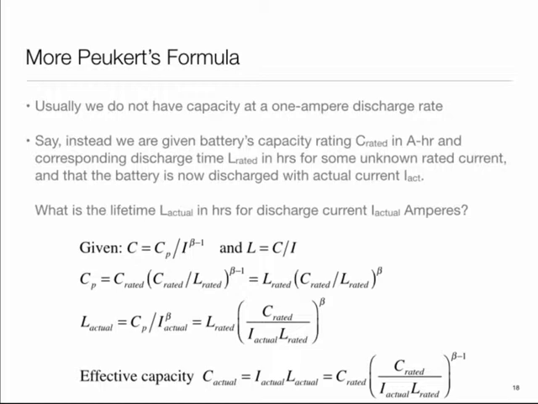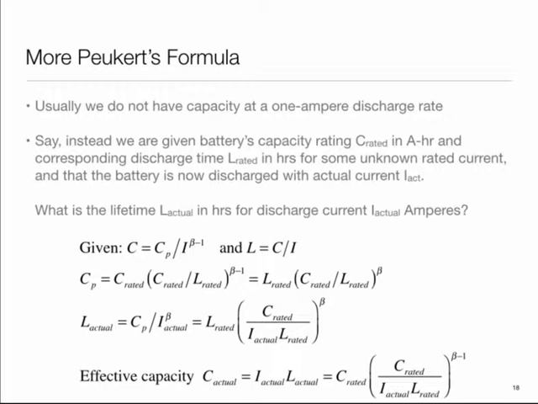So if I'm given a battery capacity C rated in ampere hour and the corresponding discharge time is L rated in hours, it's 20 hours normally, and then the battery is actually being discharged at I actual, you can work things out and essentially come up with an effective capacity.